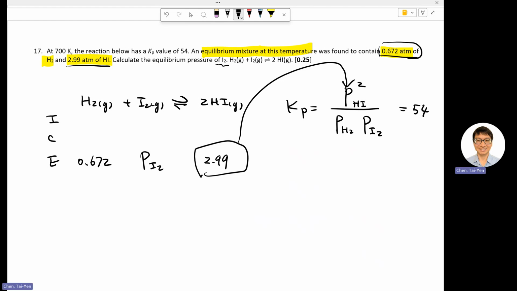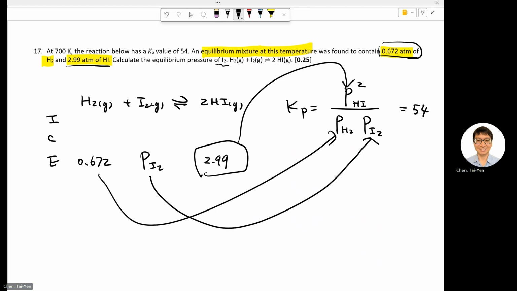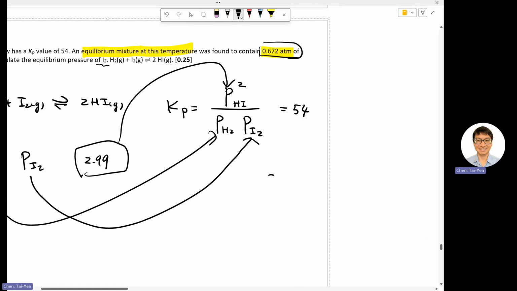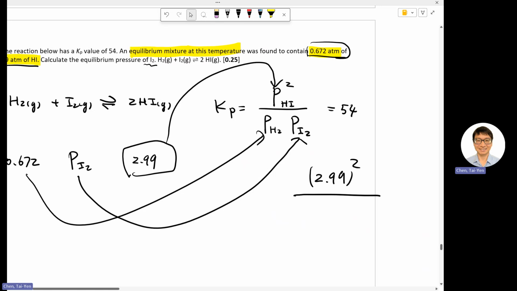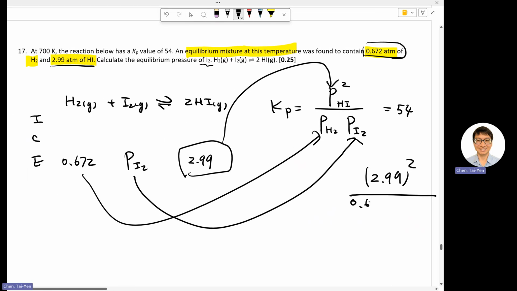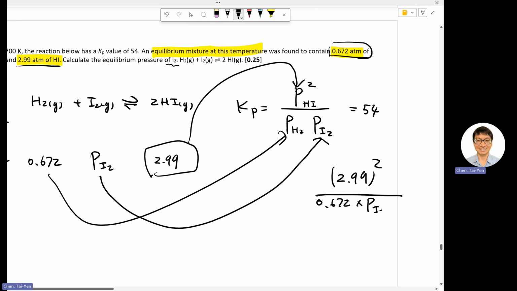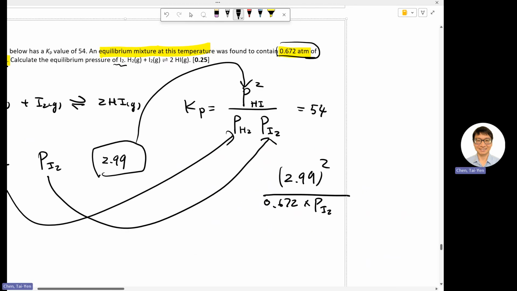Okay, if I put everything in, then it will be 2.99 to the second power divided by PHI, which is 0.672, and then times the pressure of your I2. This whole term will give you a value of 54.